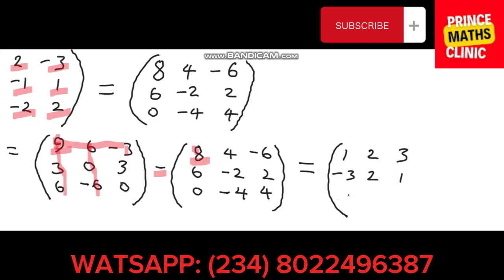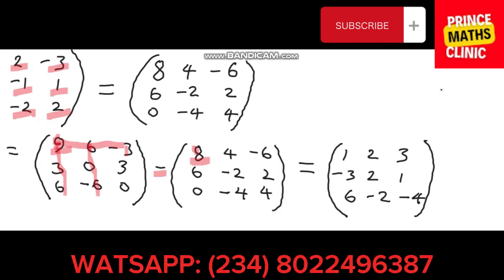Then 6 minus 0 will give us 6. Minus 6 minus here will turn to plus. So that will be minus 6 plus 4, which will turn to negative 2. And 0 minus 4 will become negative 4. So that is the result of what we obtained in this particular part of the question.